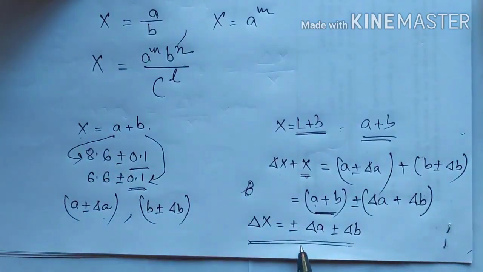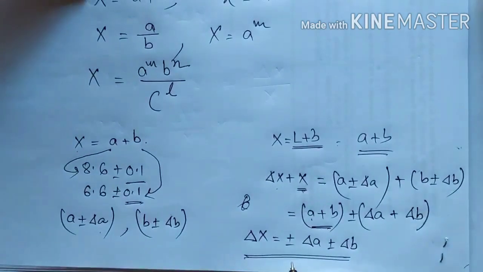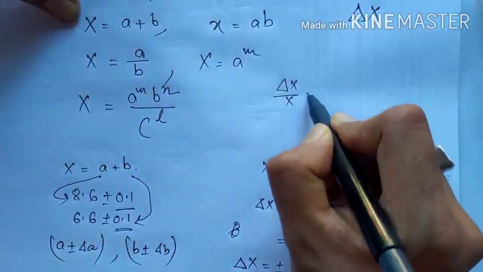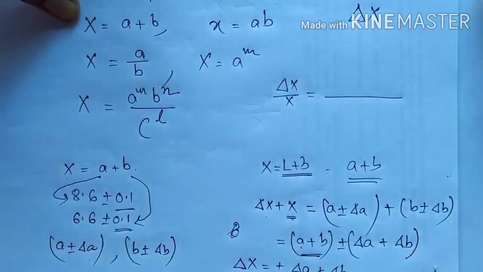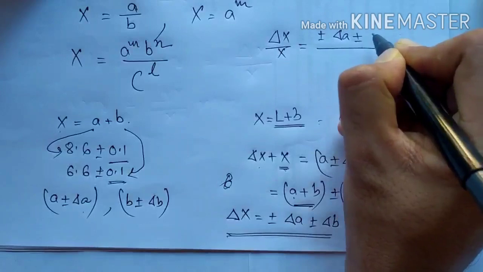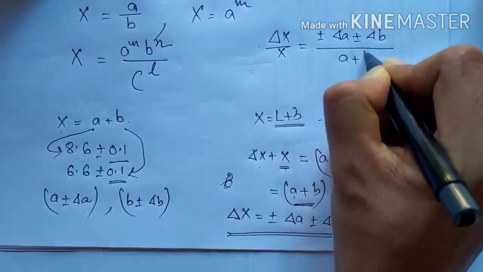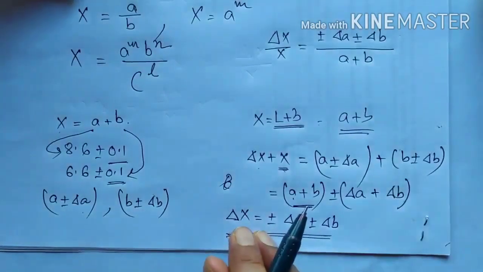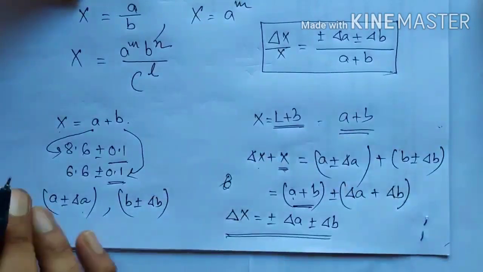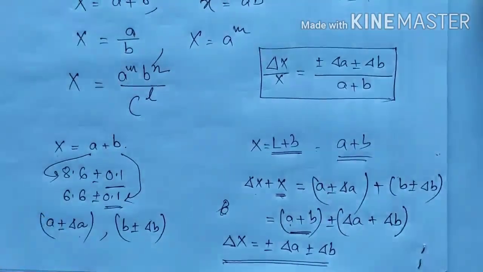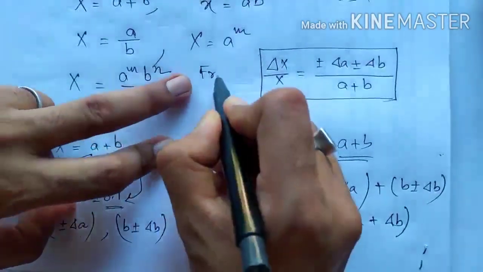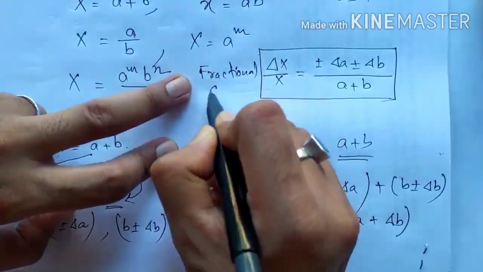Now what will be the expression of fractional error in this case? It will be delta x by x. Now delta x is what? Delta x is just now we have obtained plus minus delta A plus minus delta B, divided by x. X is nothing but A plus B. So I can say that this is the expression of fractional error or relative error.